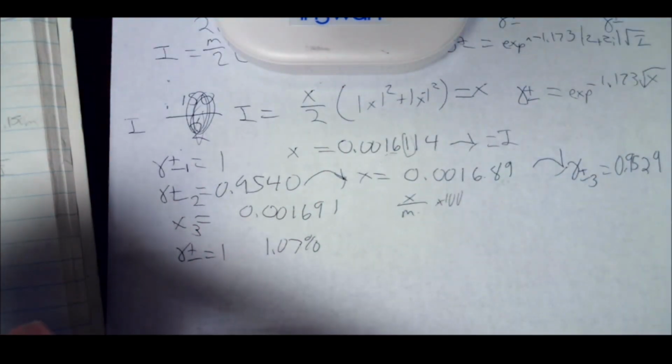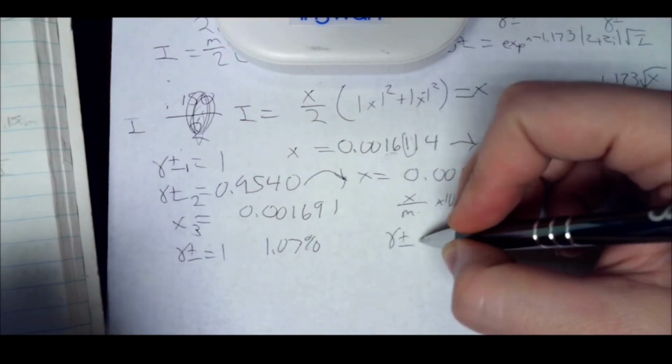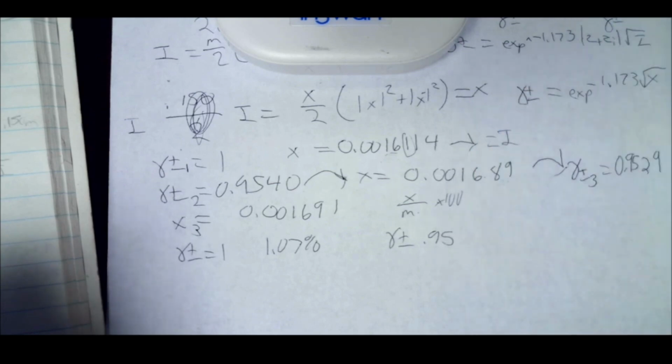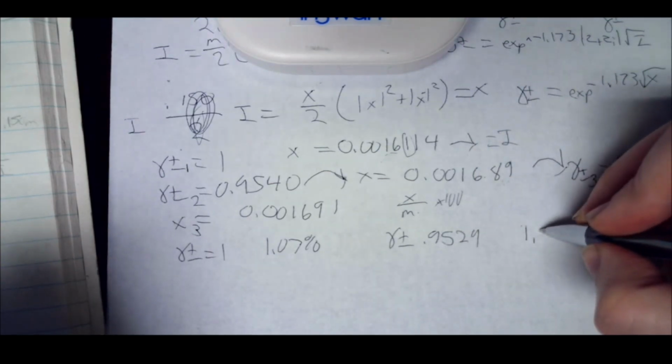With the effect, 0.01691 divided by 0.15. With the effect, when gamma plus or minus is 0.9529, the percent dissociation is 1.13.